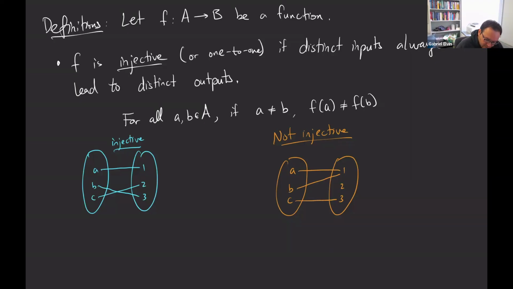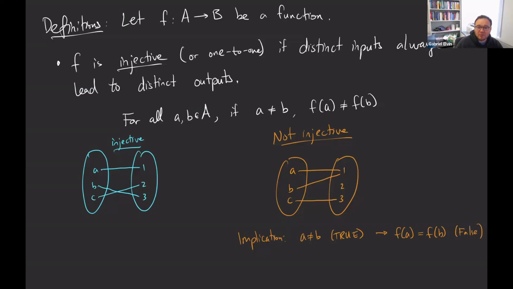So why is this not injective? For the implication, the hypothesis, A not equals B, that's true. But for the conclusion, we do have f of A equals f of B, so f of A not equaling f of B is false.